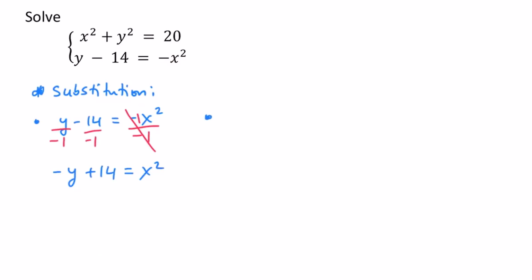The second step is the other equation, x squared plus y squared is equal to 20. And the answer in part 1, put into part 2. So we have negative y plus 14 plus y squared is equal to 20.